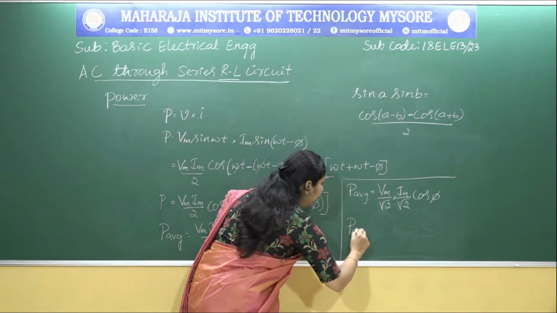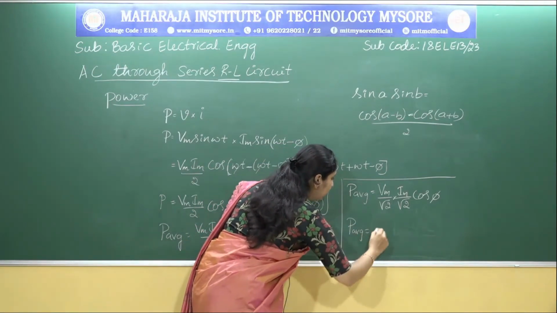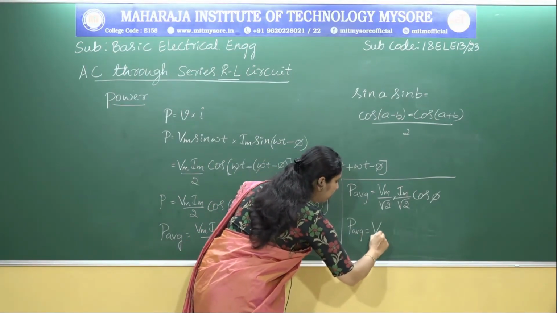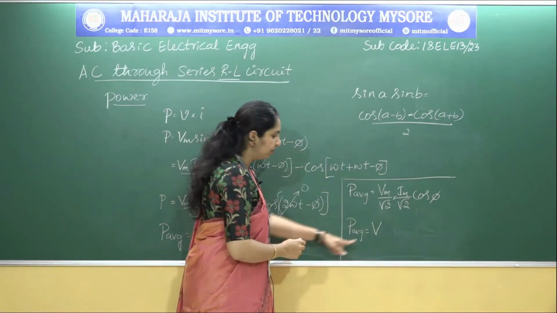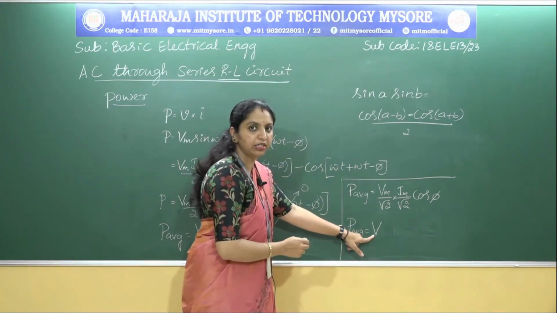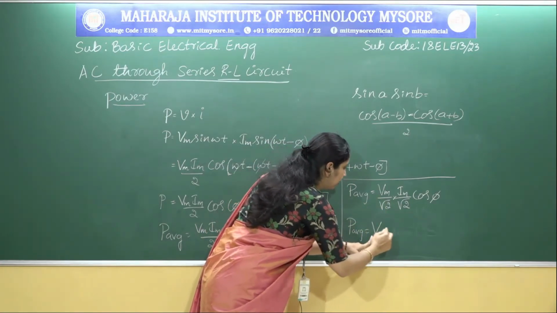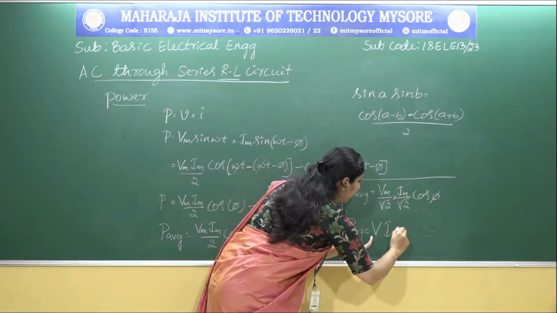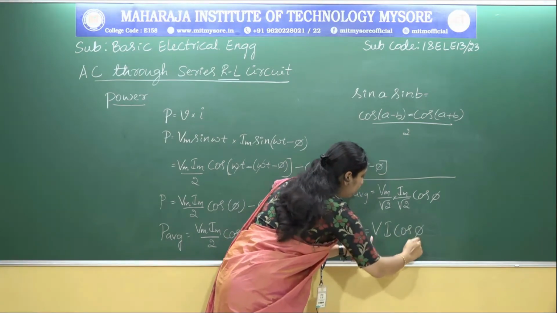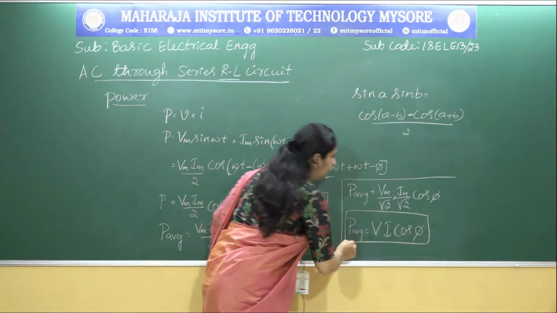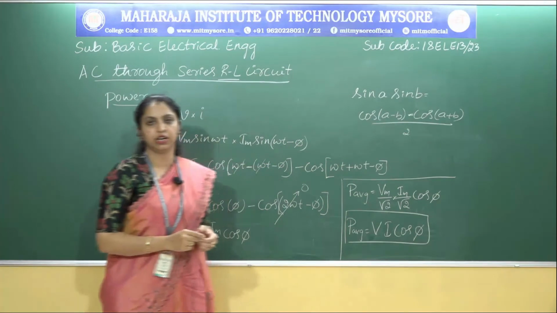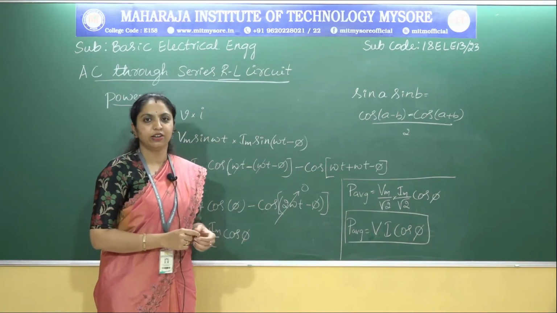So I can write this in terms of capital letters, which indicate RMS values: P average is equal to V I cos phi. So finally, the average power for a series RL circuit is V I cos phi.